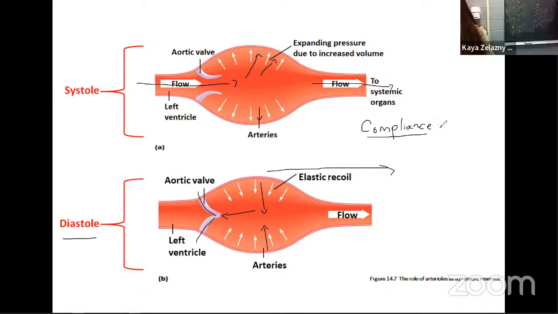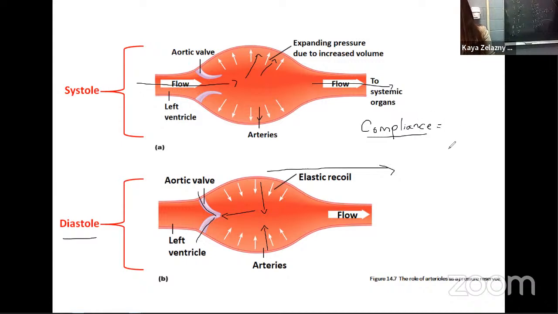So something that's highly compliant is kind of like a floppy empty balloon or something like that. It can expand because it's not really full, but we're not going to see a big change in pressure as it expands. So the aorta, as we put volume in, has this big change in pressure.